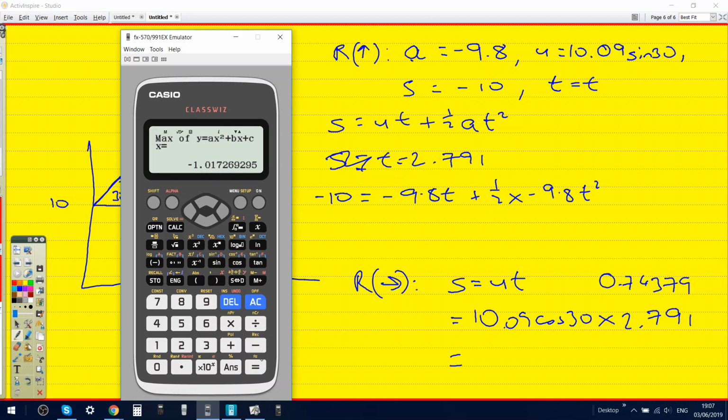So are you doing minus 10 equals 10.09 sine 30 times x plus a half times minus 9.8 x squared? Plus 0.5 times minus 9.8 times x squared, yeah.